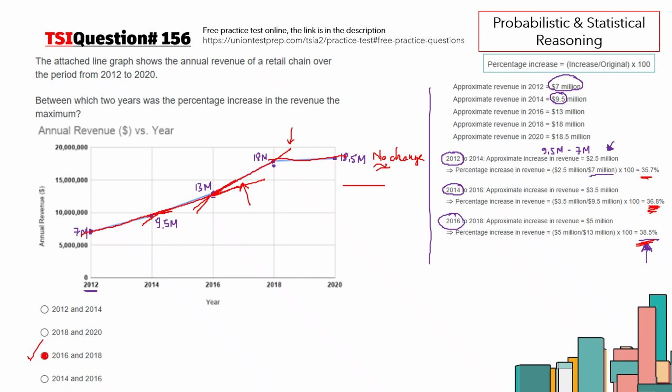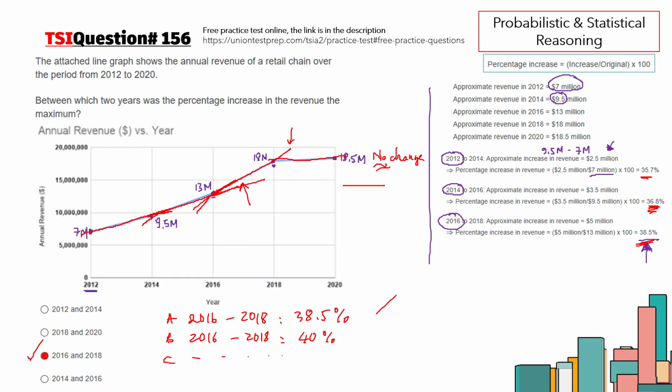Unless they give the percentages in the answer choices, they may say something like 2016 to 2018 with a percentage increase of 38.5%, and then they have another answer choice at 40% or something like that.